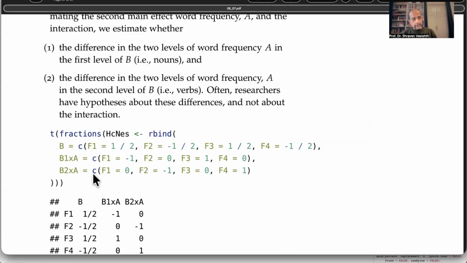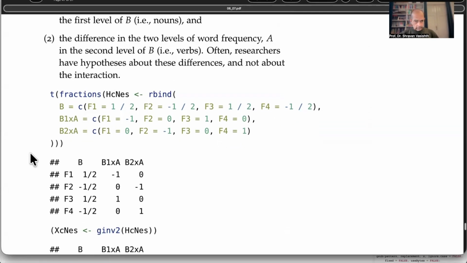whether you have a main effect of the B factor or not, right?